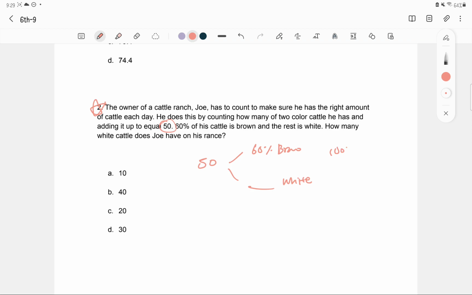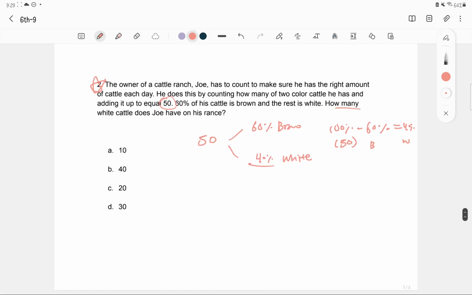So 100 percent minus 60 equals 40, so 40% is white. It's asking how many white cattle. So 50 times 40 over 100, which is 20. 20 white cattle.